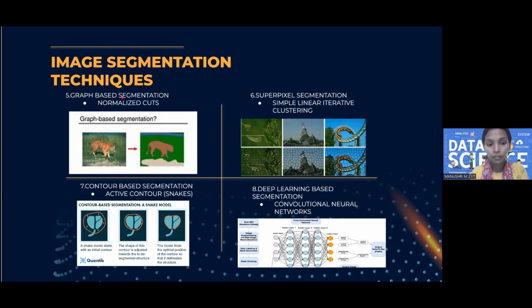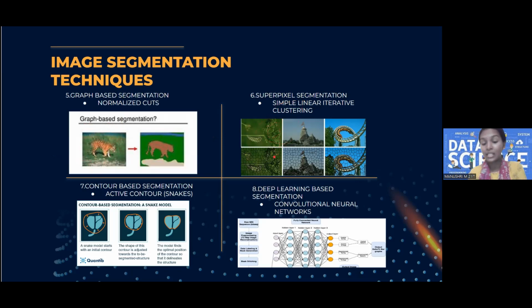Followed by graph-based segmentation. We segment the whole image into a graph, so that the machine learning algorithm is able to understand or analyze what the image is. Then followed by superpixel segmentation.